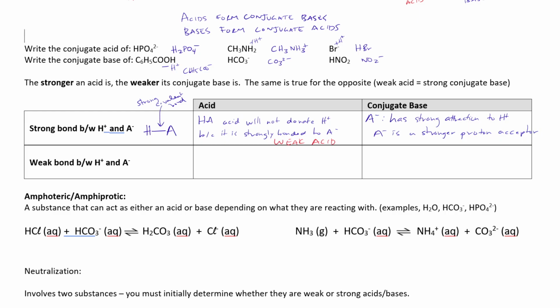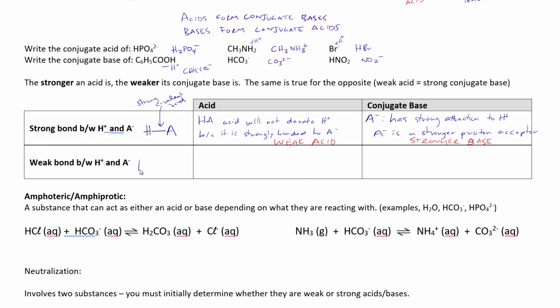So it becomes what we call a stronger base. Weak acids make stronger bases because of that strong covalent bond. A minus has that strong attraction to H plus, so H plus will not be given up easily. And if A minus is by itself and an H plus is nearby, it's really going to accept that H plus because it has a strong attraction. So that makes it a much stronger base.